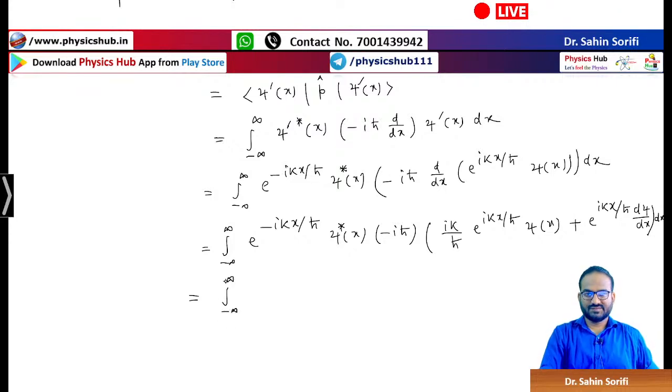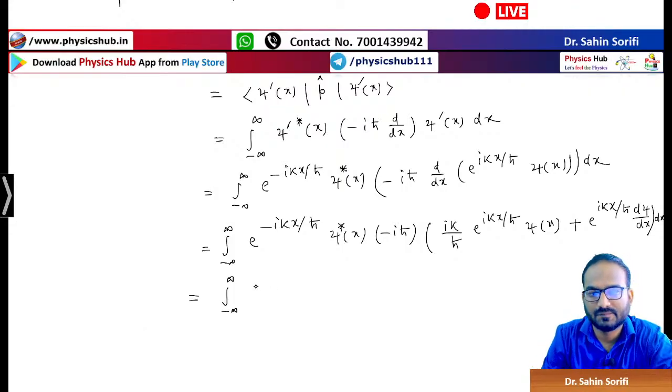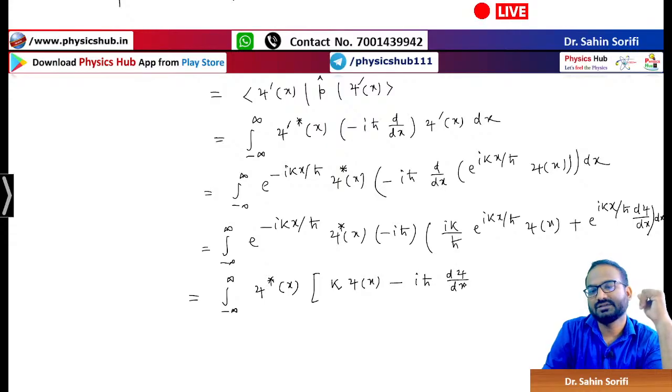This becomes minus infinity to plus infinity psi star x. You have this i h cut, everything will get cancelled, so we will have k psi of x minus i h cut d psi by dx. The exponential term is getting vanished.